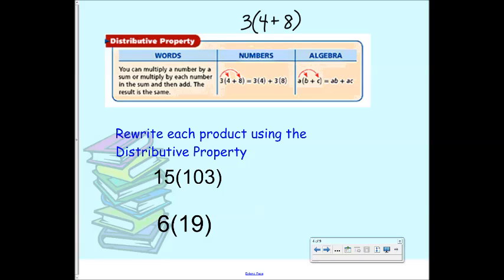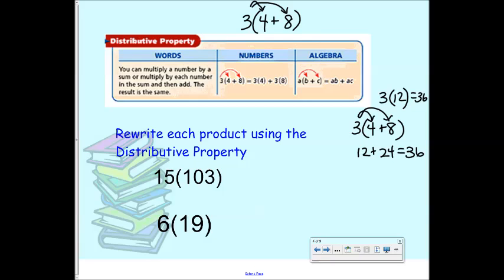You can either do 4 plus 8 first, which gives you 12. So that would be 3 times 12, which is 36. Or you can do 3 times 4, and then 3 times 8, which is what? So then you can do 12 plus 24, which also gives you 36.